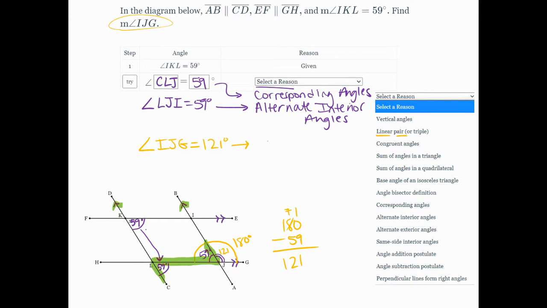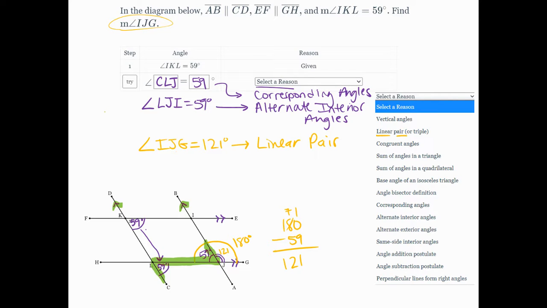So the answer I would choose here would be linear pair. Then I can just double check. Congruent angles, no, they're not congruent. We don't have a triangle. We don't have a quadrilateral. Base angle, we don't have an isosceles triangle. We didn't do anything with bisecting angles. They're not corresponding angles. You can go through and check them all, and that one looks like our best option.